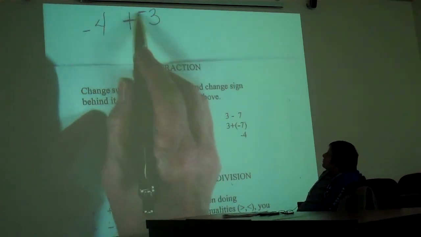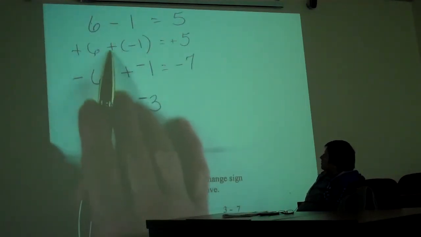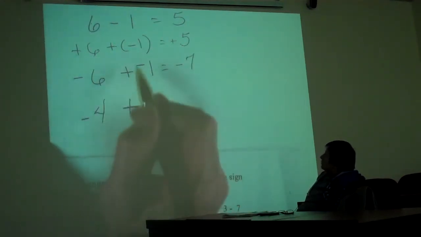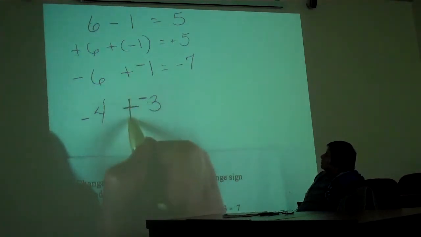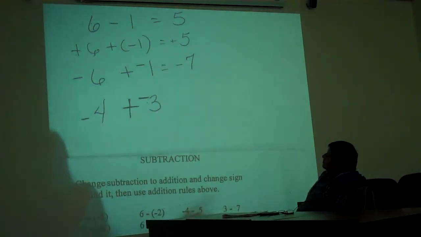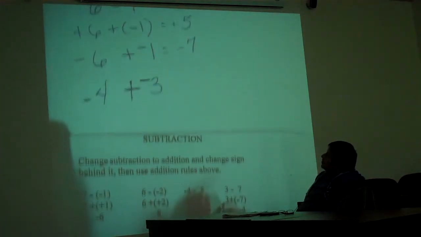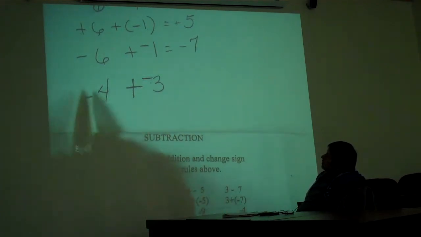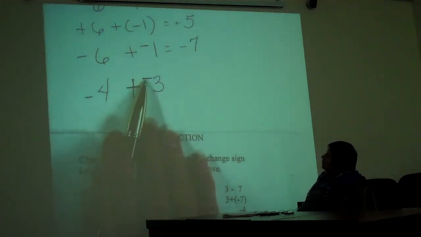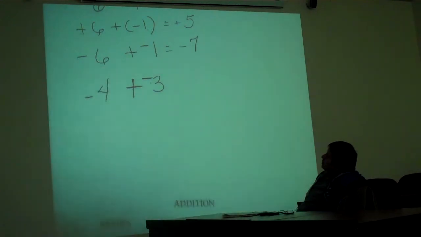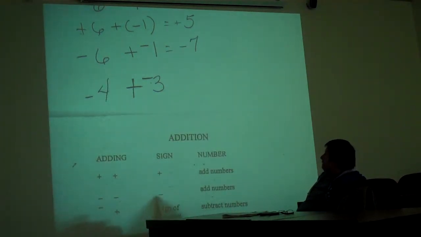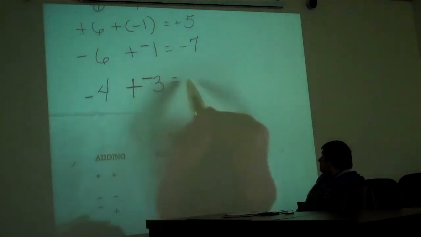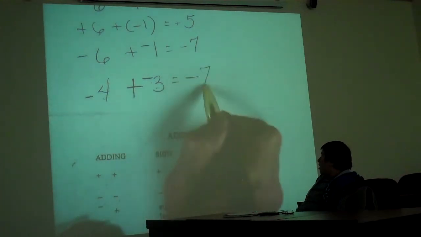So you're adding a negative, just like I told you, minus 1 is adding a negative 1. So you change the minus to plus a negative. Okay? So this would be two of the same sign. When you're adding two negatives, it's negative and you add.